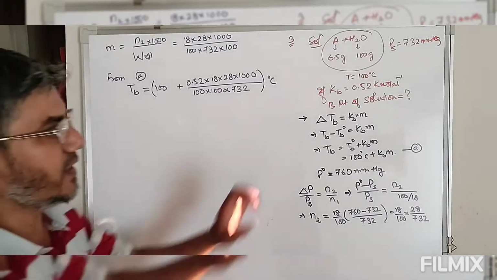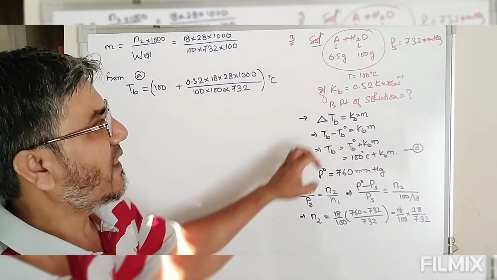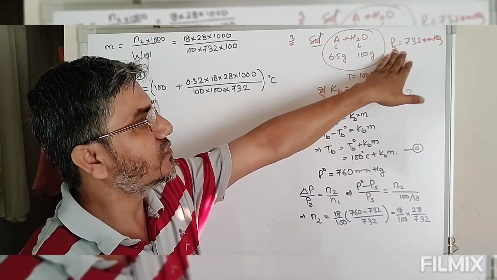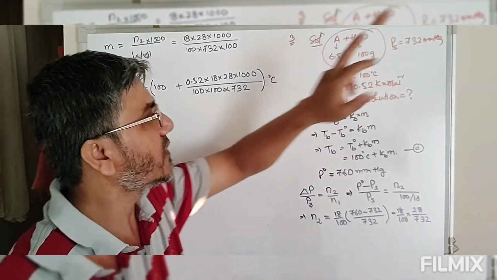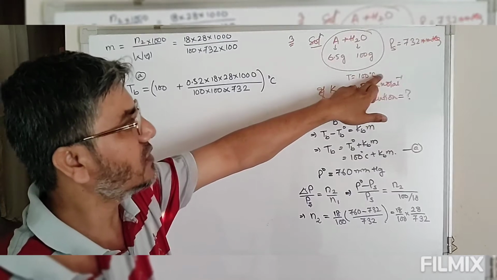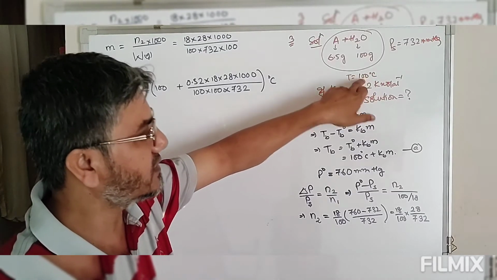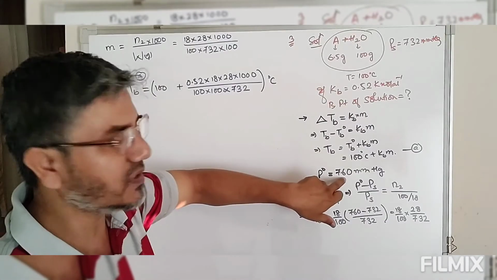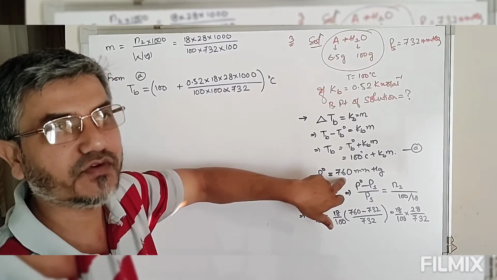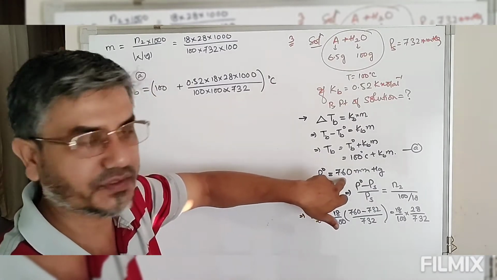So why am I taking this example? Look at this. The vapor pressure of solution is given. Temperature is given as 100 degrees. So at this 100 degree centigrade, the vapor pressure of pure water will be 760, the normal boiling point.